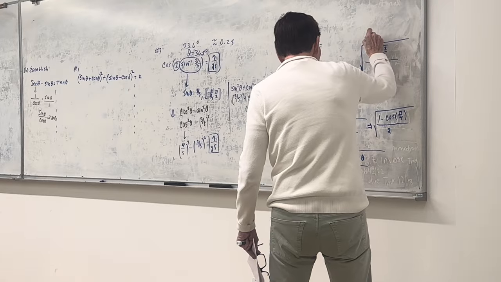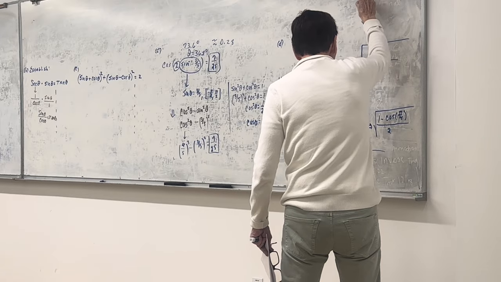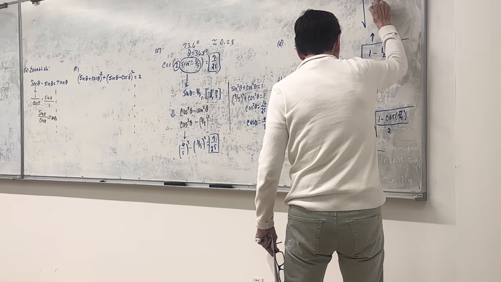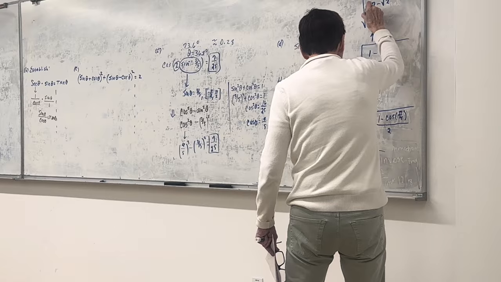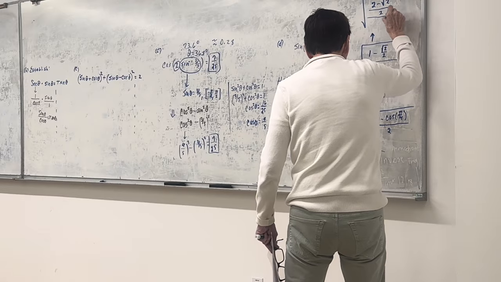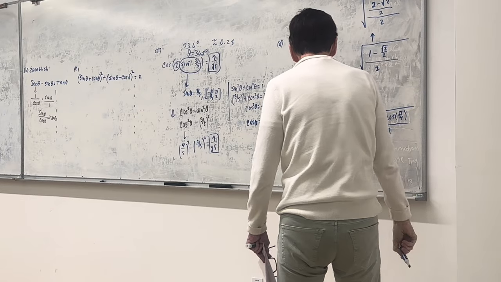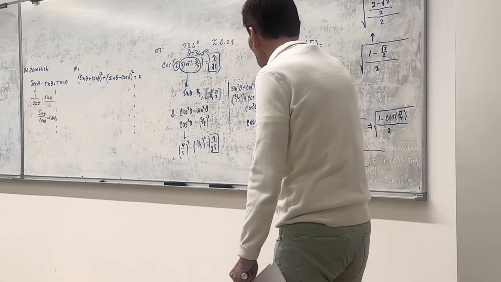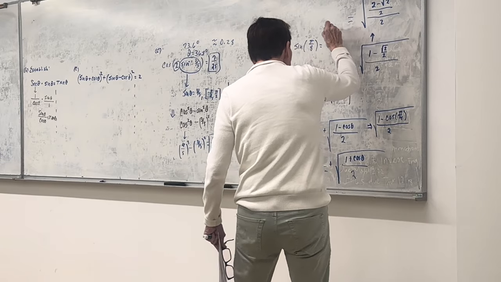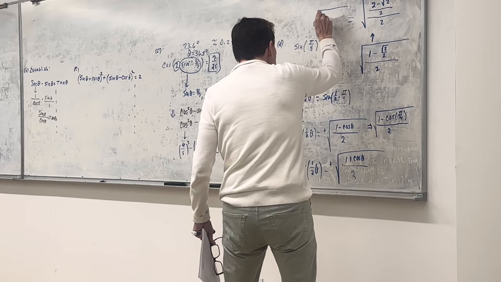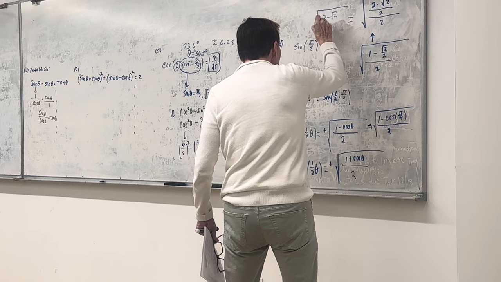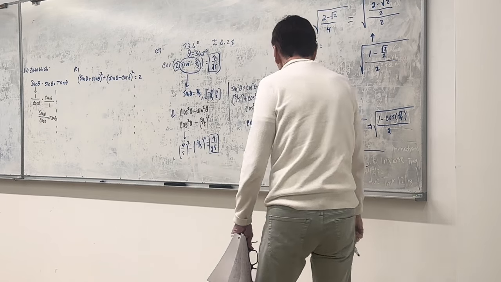On top, common denominator, number 2, make it look like this. That's the top part, and that's still over 2, which now looks like square root of 2 minus radical 2 all over 4.